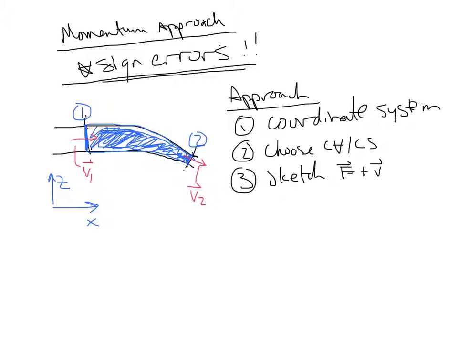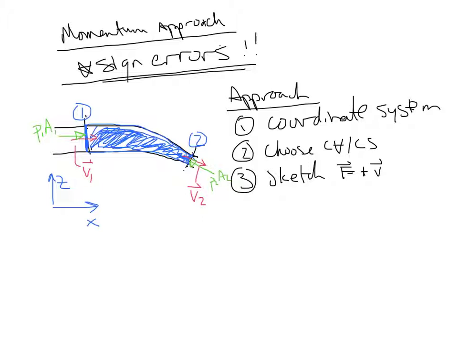We also want to specify the forces acting on the faces of the control volume, or acting on the control surfaces. So here we have P1 A1 acting from left to right. Here we have P2 A2 acting against the control surface. So in this case, it's going up and to the left.